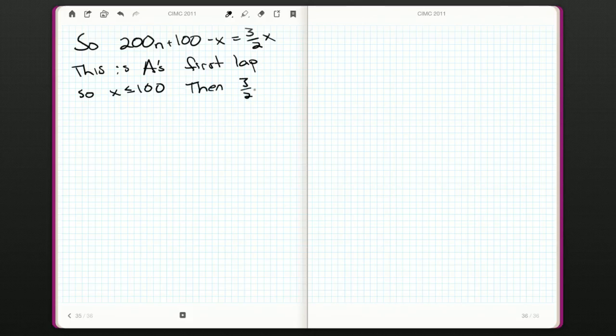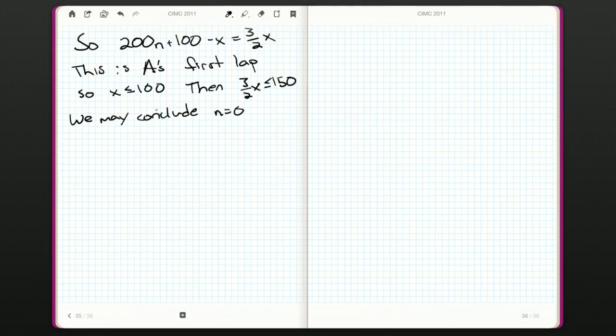Then we can see that the right-hand side up here must be less than 150. And so it's pretty clear that no matter what we do, n is going to have to be 0.